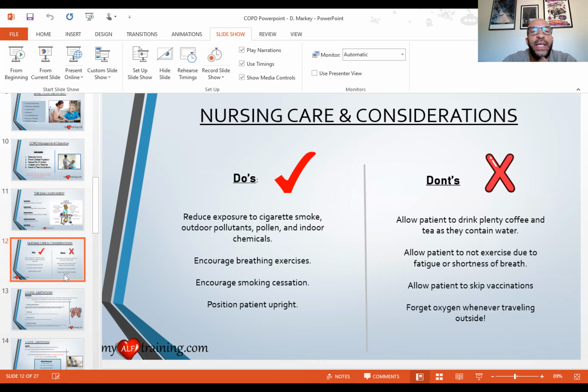Now, nursing care and considerations, do's and don'ts. What should we do? What should we not do? So, what should we do for a patient who has COPD? The first thing, the biggest thing, is we should reduce exposure to cigarette smoke and outdoor pollutants.